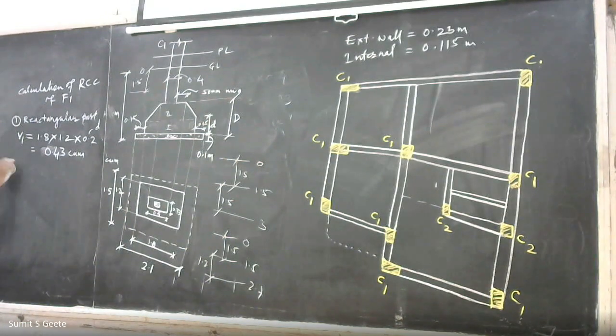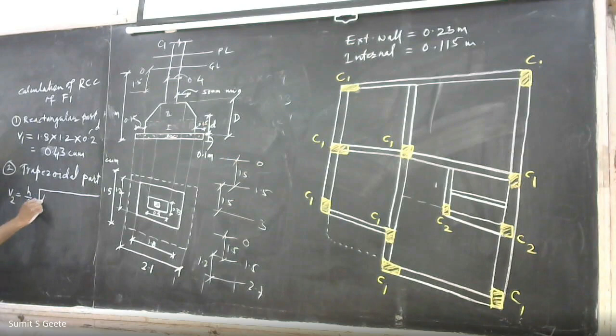So second part is trapezoidal part. Trapezoidal part. Now in this case, we are going to say V2 is equals to H by 3 under root of A1 plus A2 plus A1 into A2.